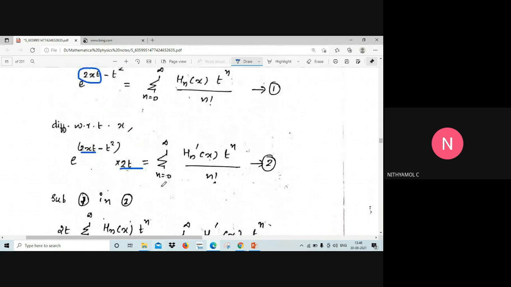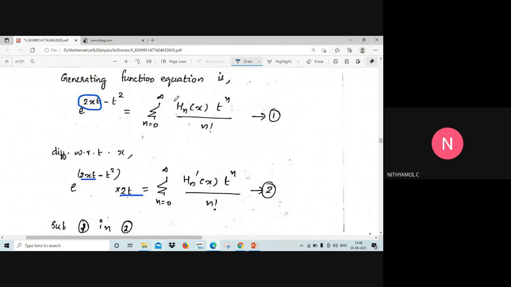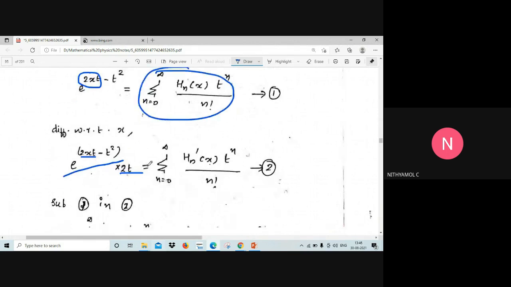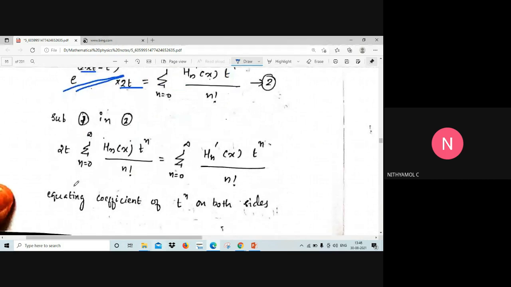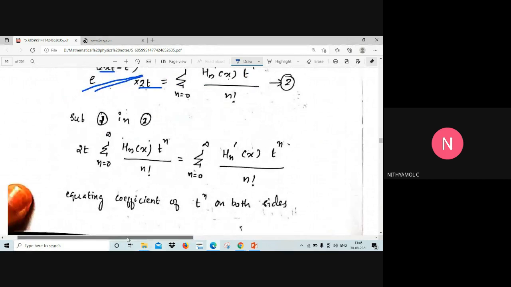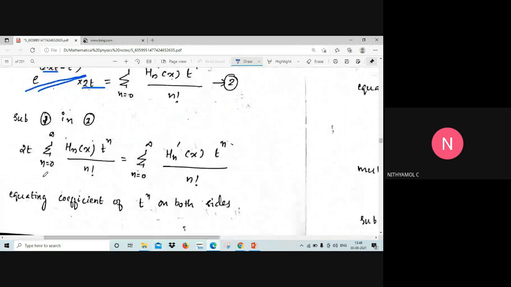Substitute 1 in 2. Instead of e raised to 2xt minus t square, we can substitute the summation form. So the equation is 2t into summation over n equal to 0 to infinity Hn(x) t raised to n by n factorial, equal to the summation on the right.